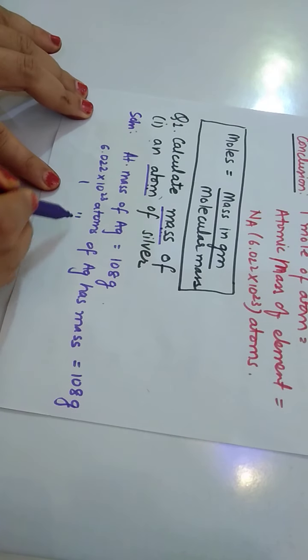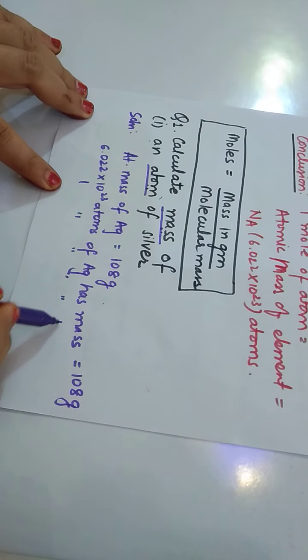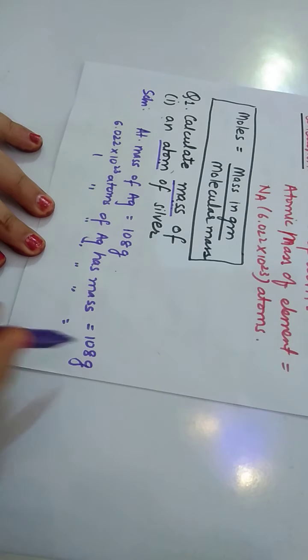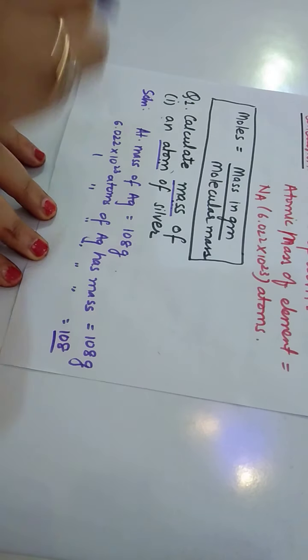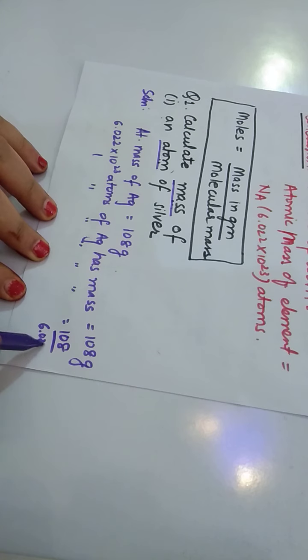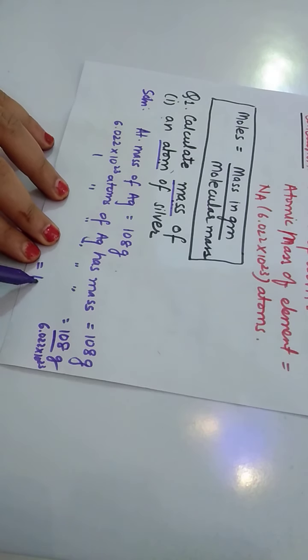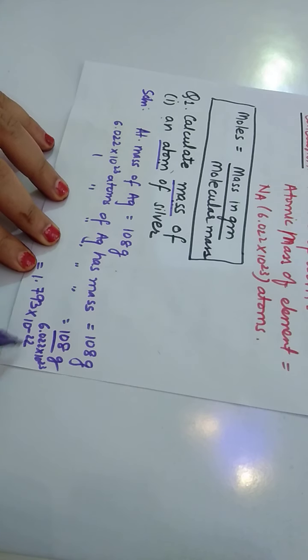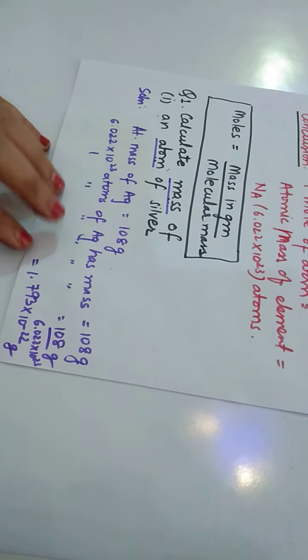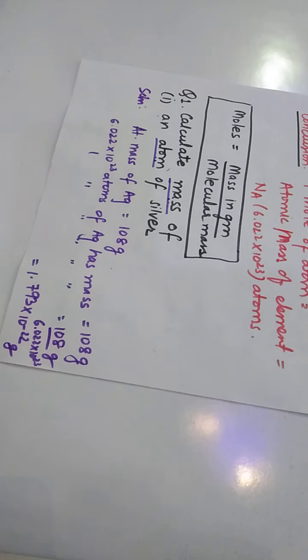So 1 atom of silver has mass 108 divided by Avogadro number. This comes out to be 1.793 into 10 to the power minus 22 gram.